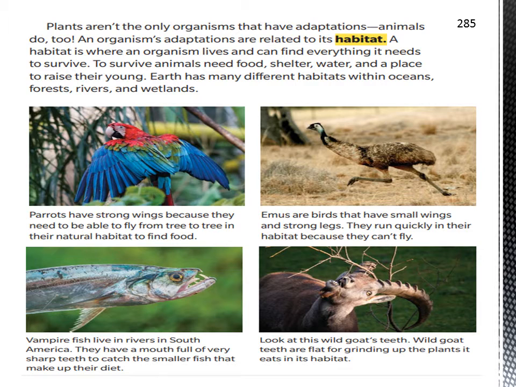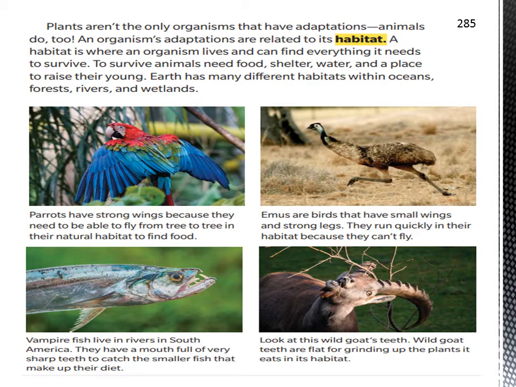Look at the first picture. Parrots have strong wings because they need to be able to fly from tree to tree in their natural habitat to find food. I have some questions for you. What makes up the habitat of the parrot? Excellent! Trees, smaller plants, air, sunlight, and living things. Another question.